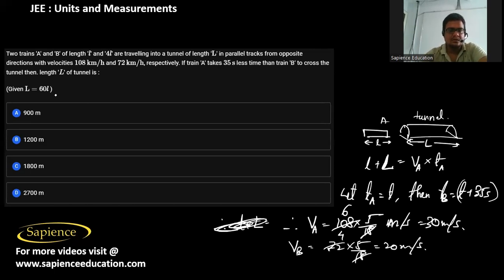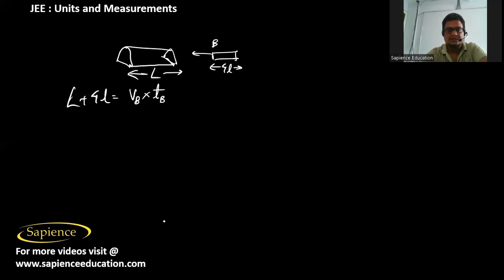And it is also given that l equals 60L. So therefore 64L will be equal to VB, speed of train B, that is 20 meter per second into time. Time is T plus 35.